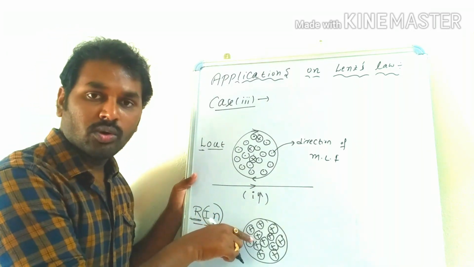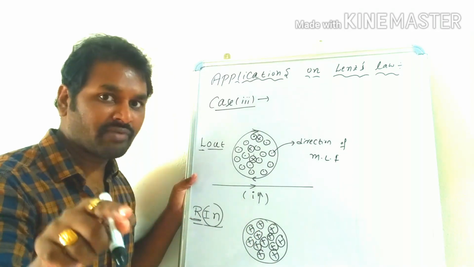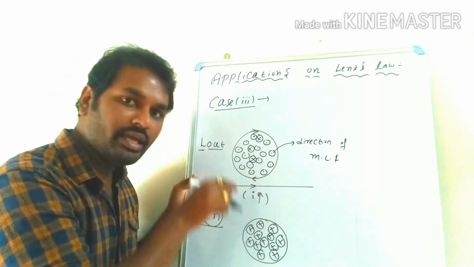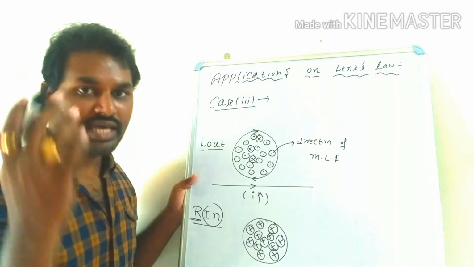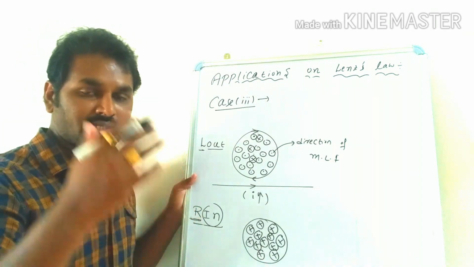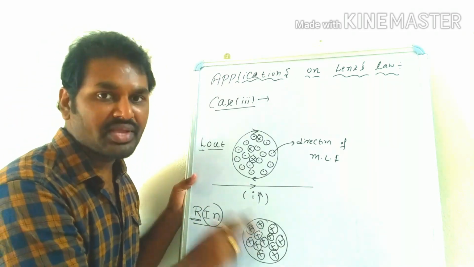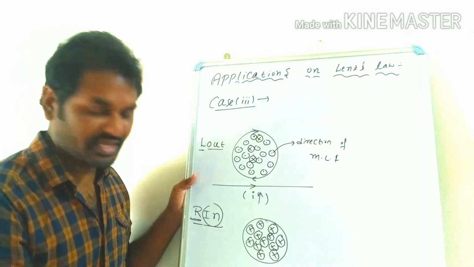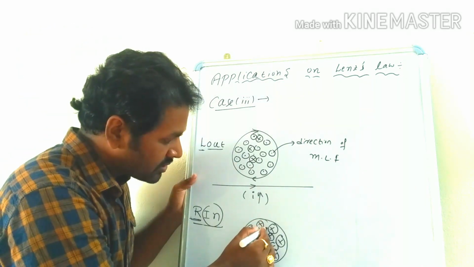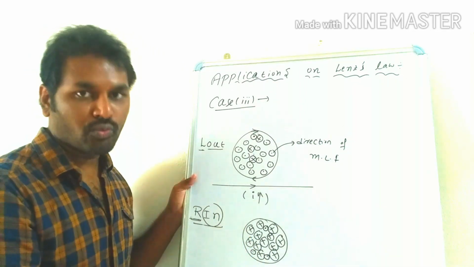So here also the flux passing through this coil is increasing, which means induced current will be developed. In which direction? This induced current is oriented in such a way to oppose the increase in flux, which means we need to take the magnetic lines of force in the outward direction.